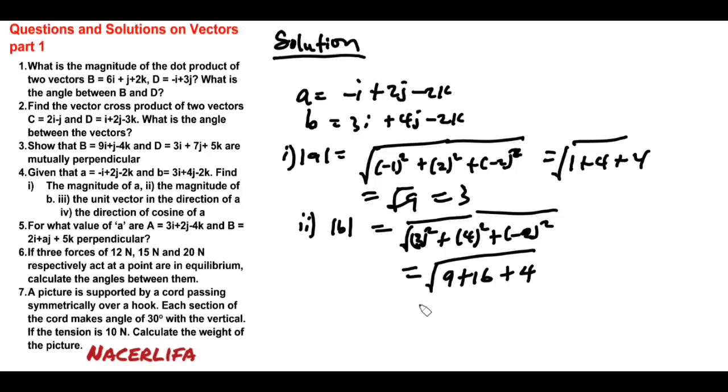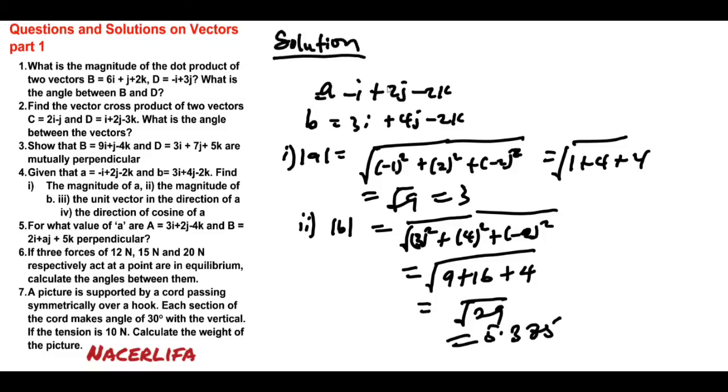So 9 plus 16 plus 4 is 29. So you have the square root of 29, and the square root of 29 is 5.385.